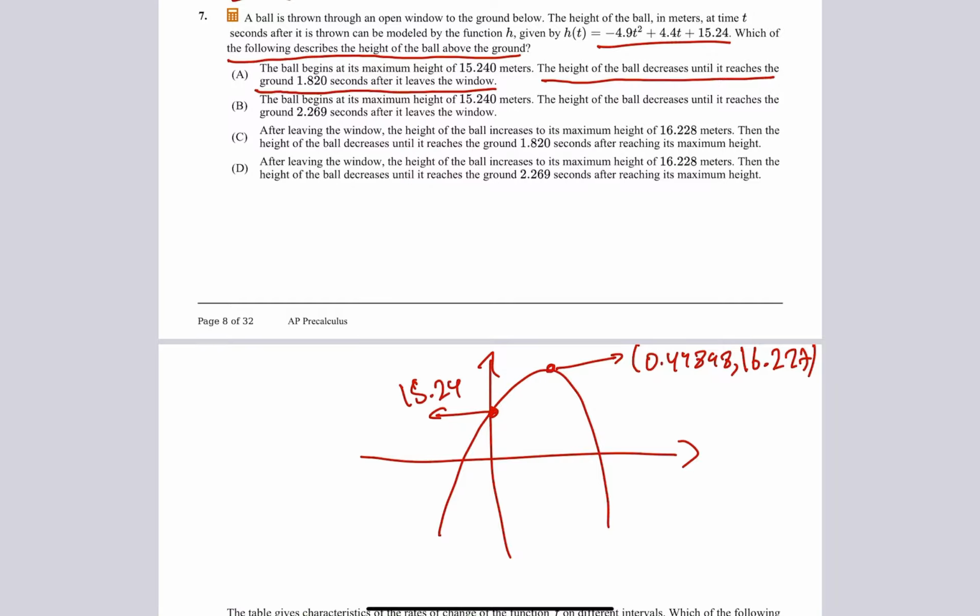If you graph it, when they tell you it's thrown from a certain height, it means that it doesn't start at 0. It actually starts at this height. So let's say this is a building and we're throwing the ball. Well, it started at a certain height, which was 15.24, right?